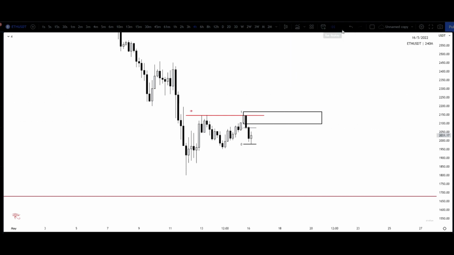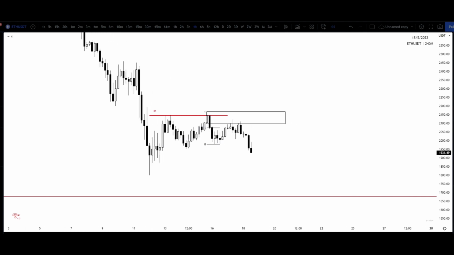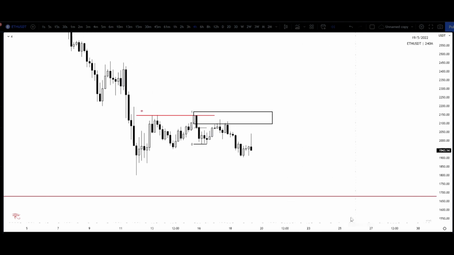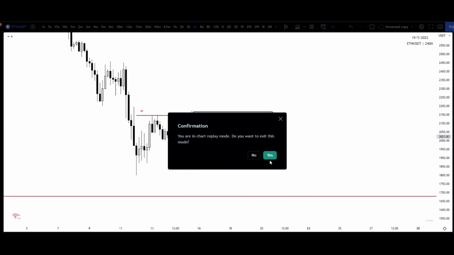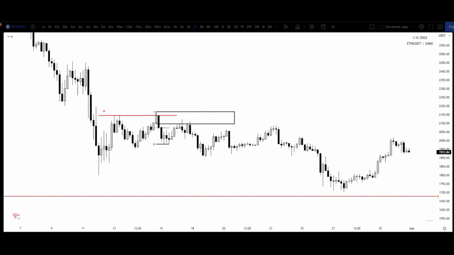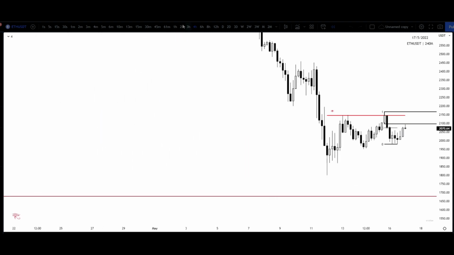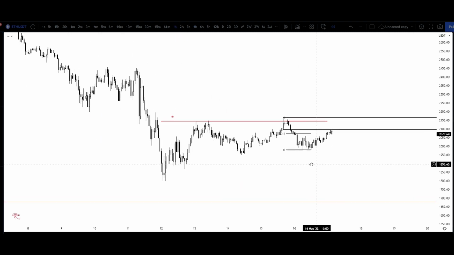So we will wait for price to come into our zone and then get that final confirmation. Let me go back here actually. We'll put it at about right here, and we'll go on the hourly time frame.